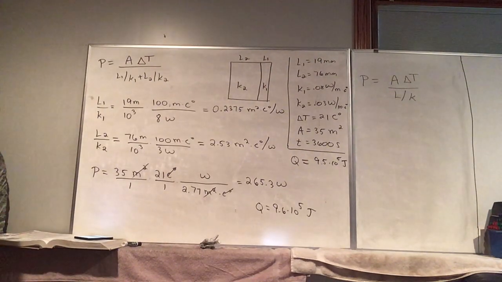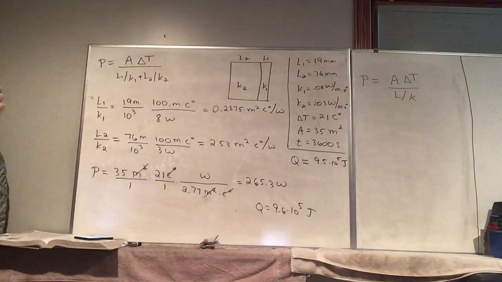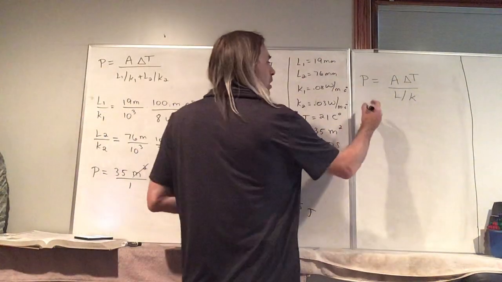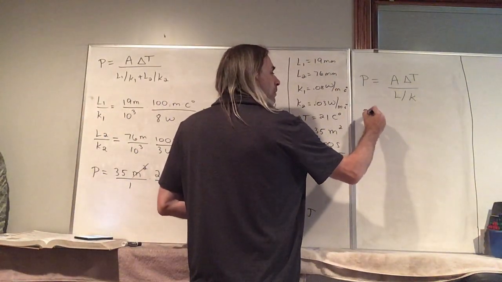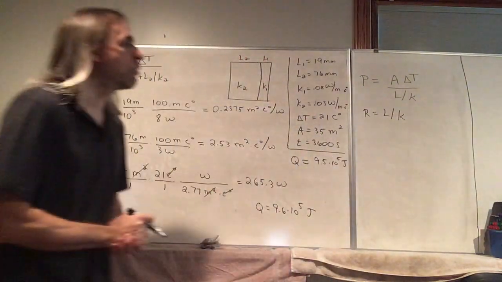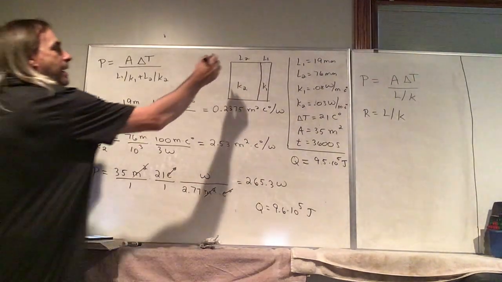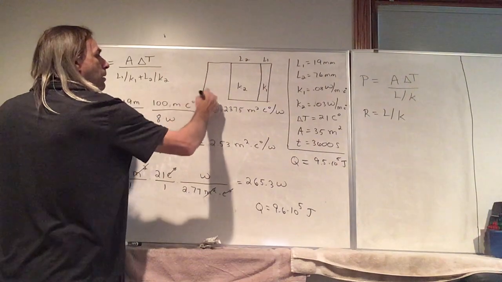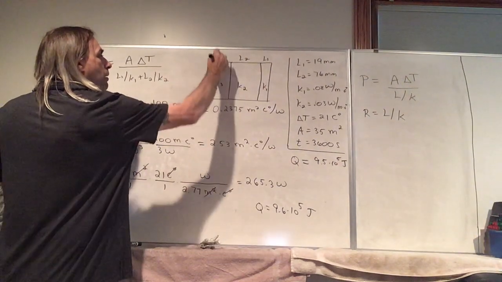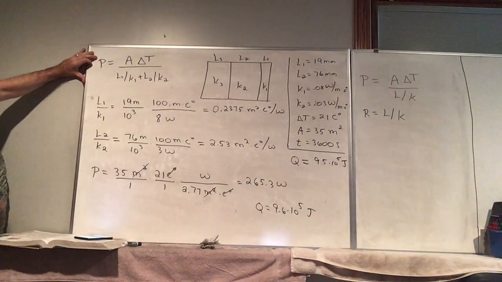But there's another advantage to writing it this way. There's a way we can kind of simplify this. We define R to be L over K. So basically our power formula, we have A delta T over R. Now, what if we added a third material here? Now, we're not going to work out the algebra.